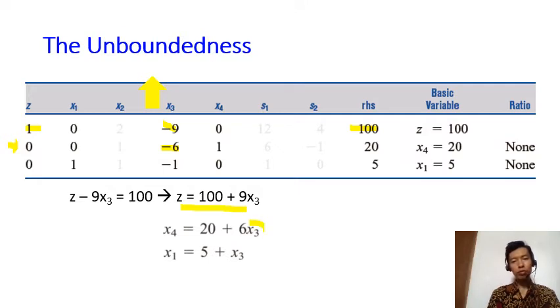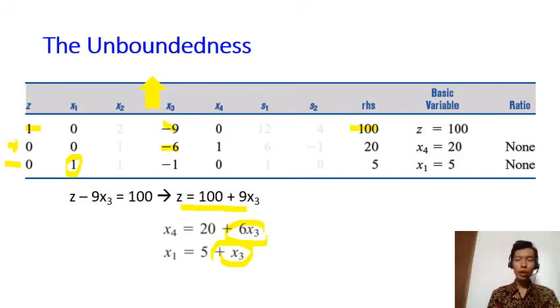But then I move minus 6x3 to the other side, so it becomes plus 6x3. For the last constraint, x1 minus x3 equals 5, but then I move minus x3 to the other side, such that now it becomes plus x3. So these three equations are simply a rewrite of what is represented on the table.